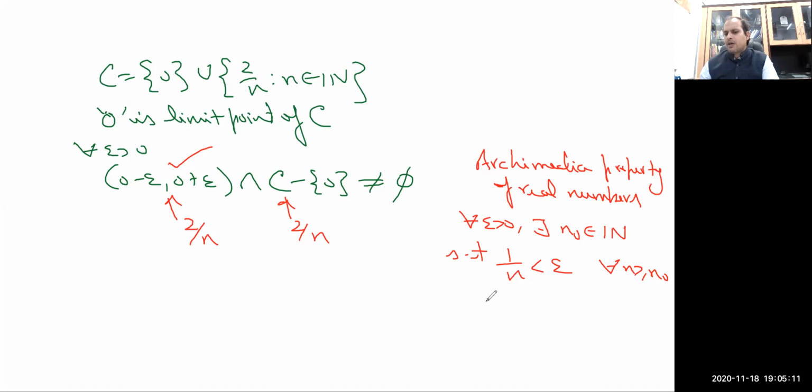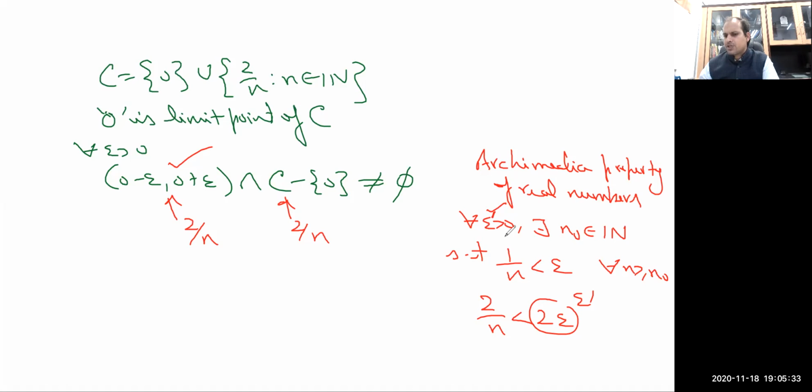And if you multiply here, one can also write it in this form, since epsilon is greater than 0. Just multiply it by 2, so 2 by n is less than 2 epsilon, and call this epsilon dash. So just rewrite the statement here, in place of epsilon, write epsilon dash.